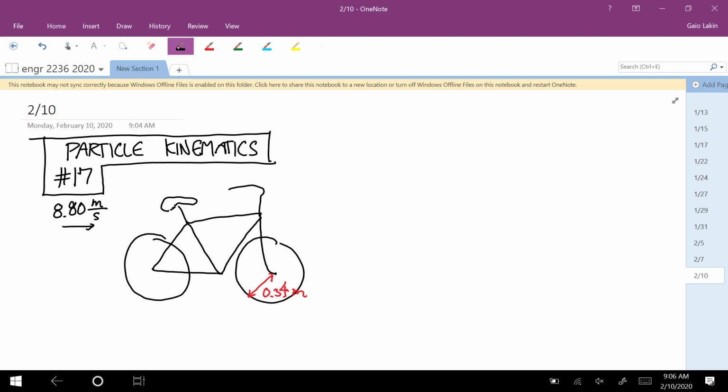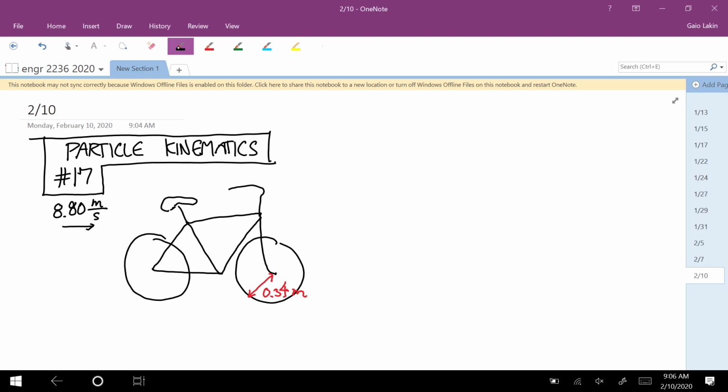And you can think of the definition of not slipping is that the part of the wheel that's in contact with the ground has no velocity relative to the ground. That would be slipping. And it also has no parallel acceleration relative to the ground.